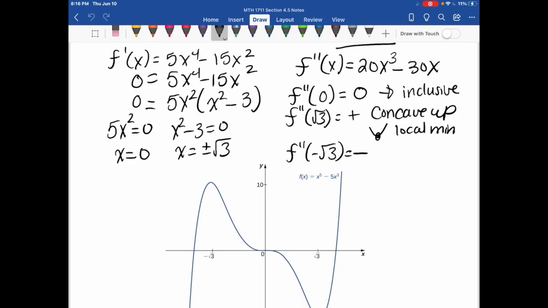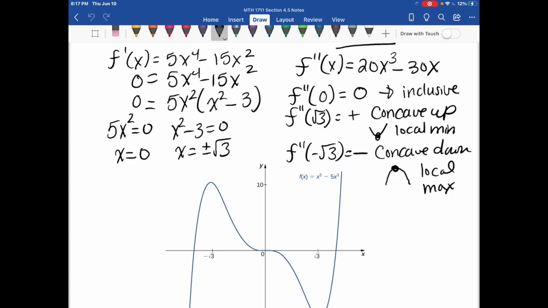Now, if I plug in negative square root of 3, I'm going to get a negative number, which tells me that interval is concave down, which means that point at x equals negative square root of 3 is a local max.